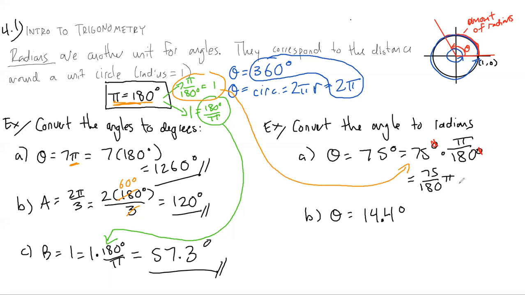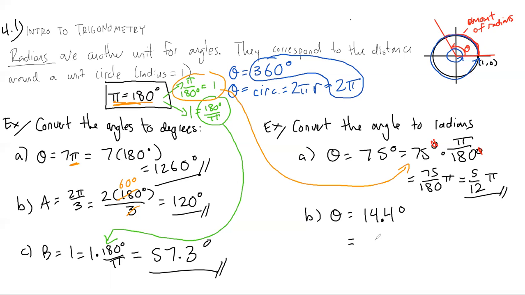I think 15 is going to be the common divisor on the top and the bottom. Let's see, 75 divided by 15 is 5, and 180 divided by 15 is 12. Yeah. So I get 5 over 12 pi. And so that's how we would express it in radians. And notice there's no units written to this. The pi is not the unit, it's part of the number.